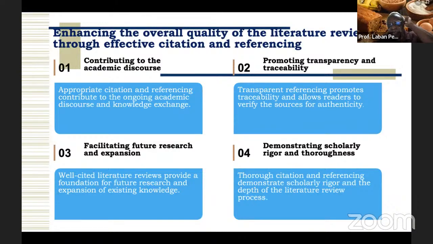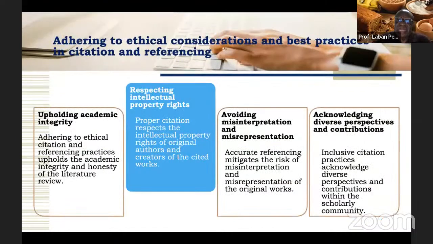Enhancing the overall quality of the literature through effective citation and referencing is also very important. And then adhering to ethical considerations, upholding academic integrity, respecting intellectual properties, avoiding misinterpretation and misrepresentation, and acknowledging diverse perspectives and contributions would be very important.